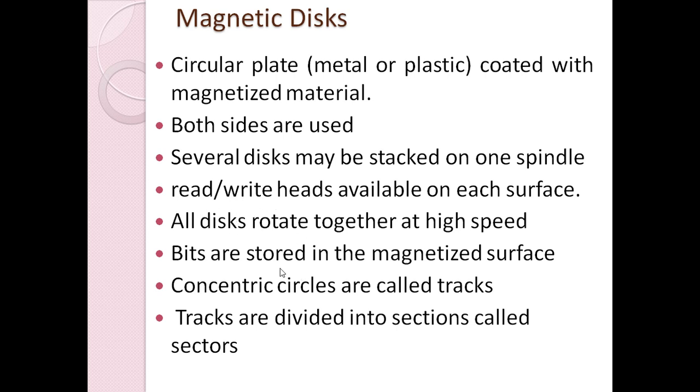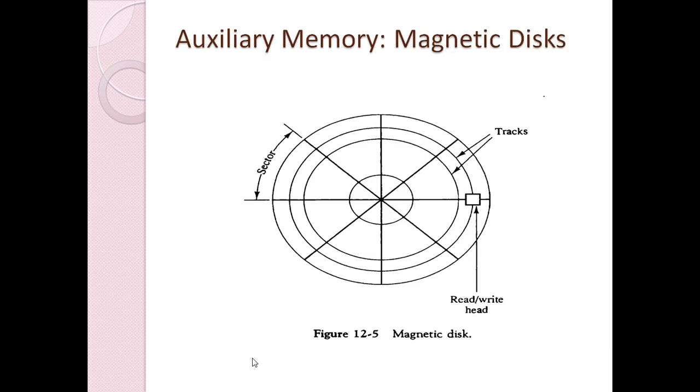Bits are stored on the surface in a magnetized format. Concentric circles are called tracks, and tracks are divided into sectors, which you can see here. So this is a circular disc made of plastic with a magnetized material coating on it.